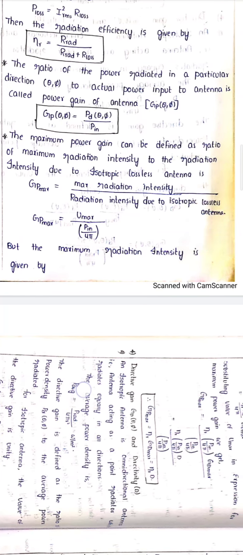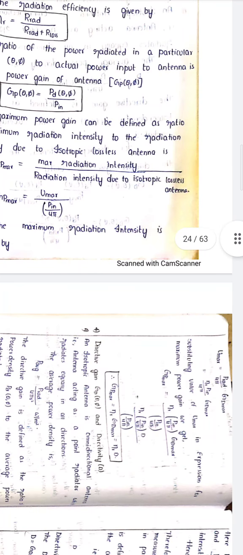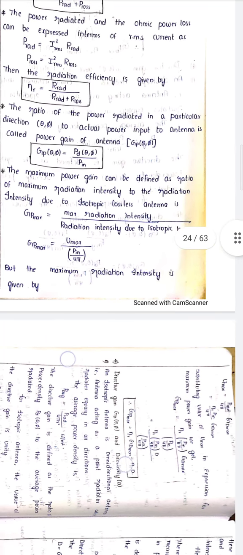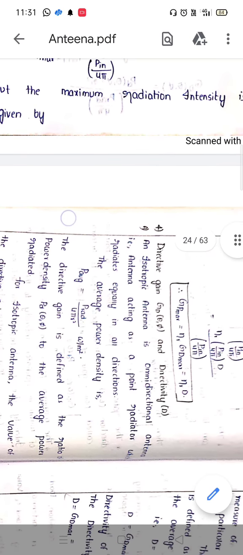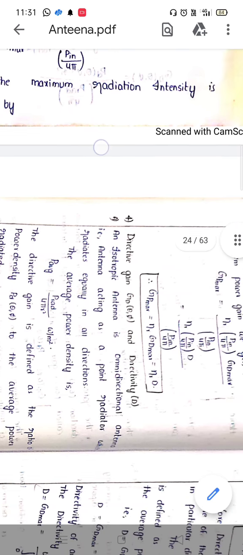Maximum radiation intensity is given by this. I hope you understand this. So next one is directive gain, GD.